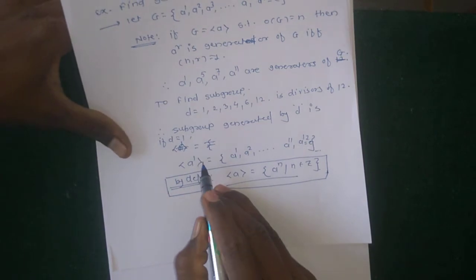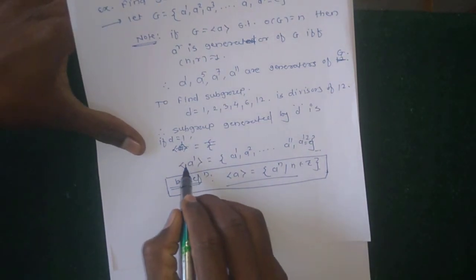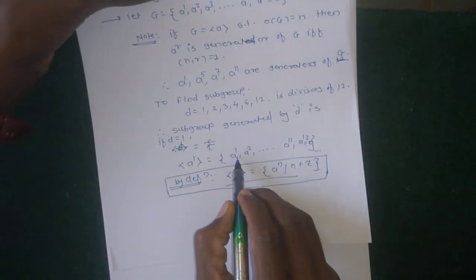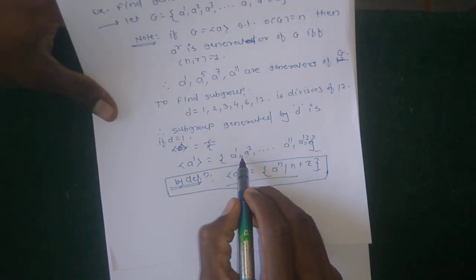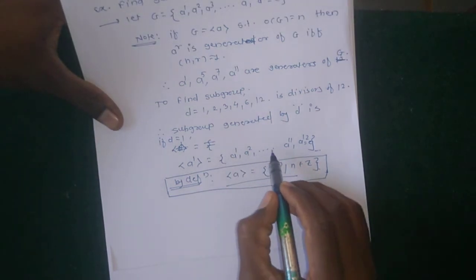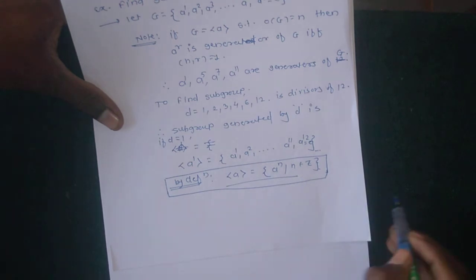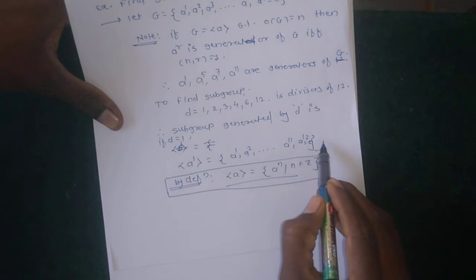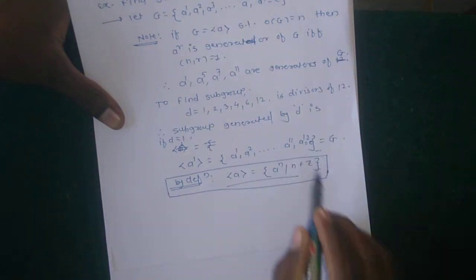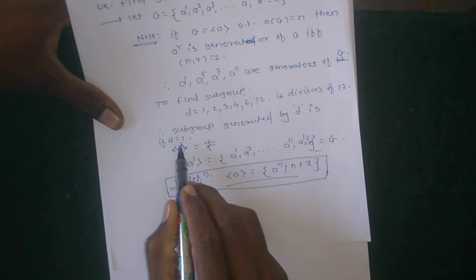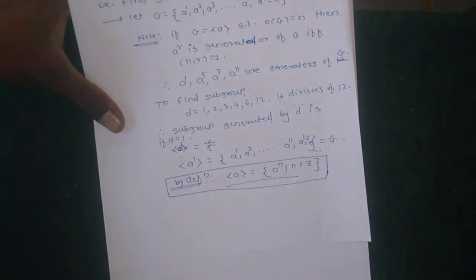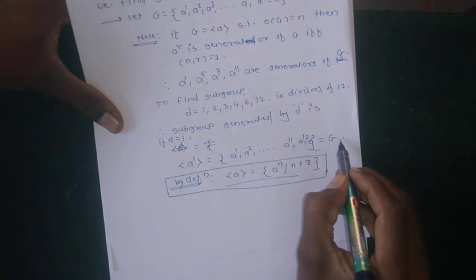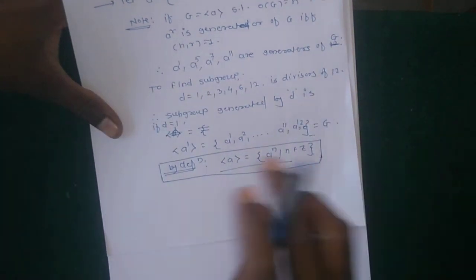So the powers of a^1 are a^1, a^2, a^3, and so on. This is the whole set, so the subgroup generated by a^1 is G itself, meaning H equals G. This is one subgroup. And which contains the elements?